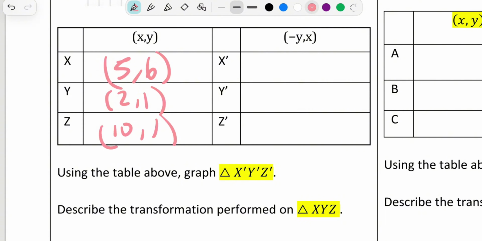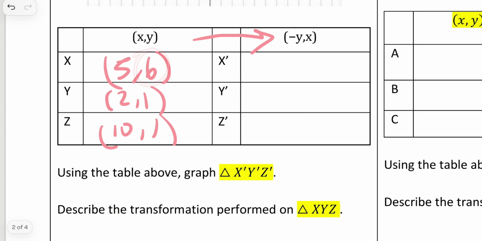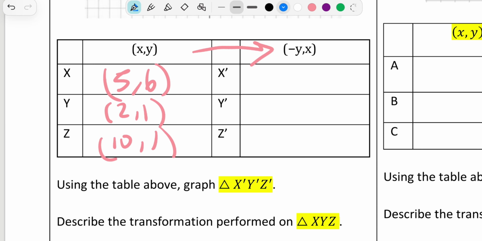Now, what we see here is that it's asking us to flip the placement of the x and y values and then make that y value negative. So what that literally means is that this is our x value and it's going to go in place of the y value. So really they're just asking us to flip these around. The 5 is going to go right here where the y value usually goes, and then our old y value is going to be our new x value.